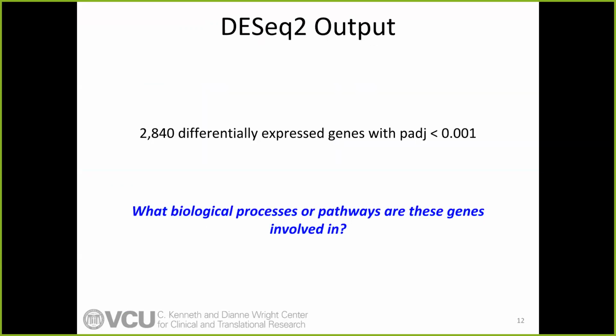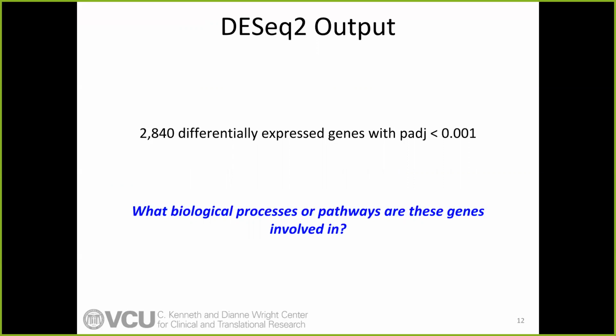So the DESeq2 output for this experiment actually gave us close to 3,000 differentially expressed genes with an adjusted p-value of less than 0.001. And so you can manually look through the genes, or you can cluster them if you have a time course or you have multiple samples.